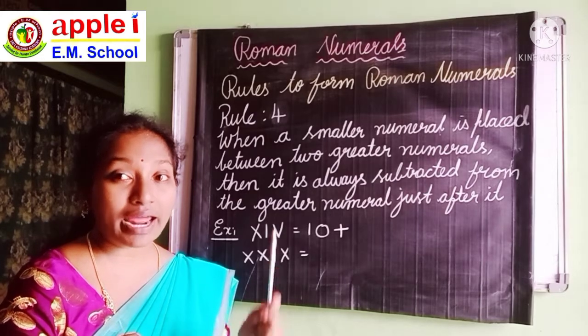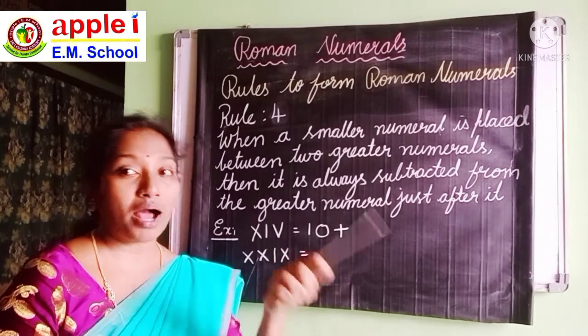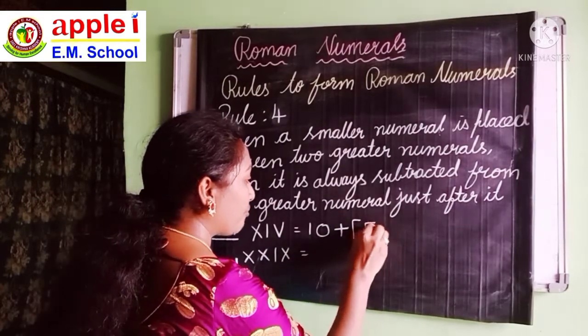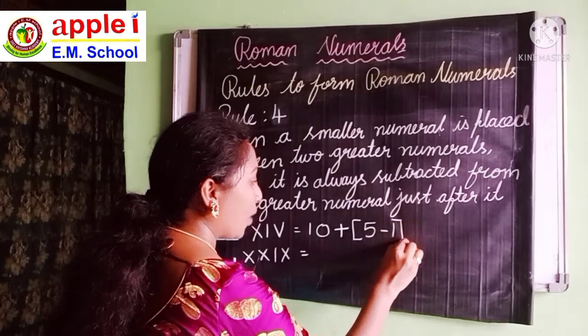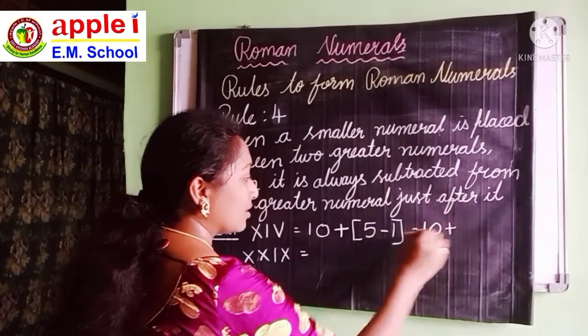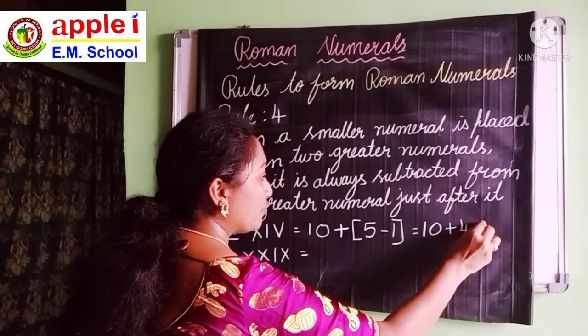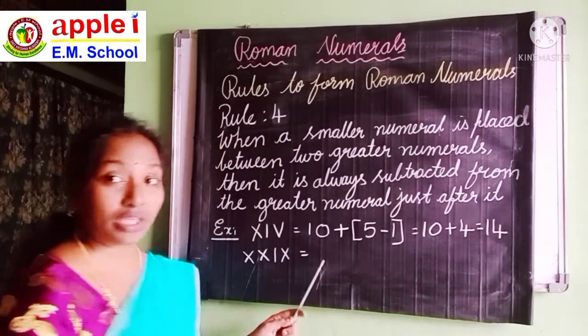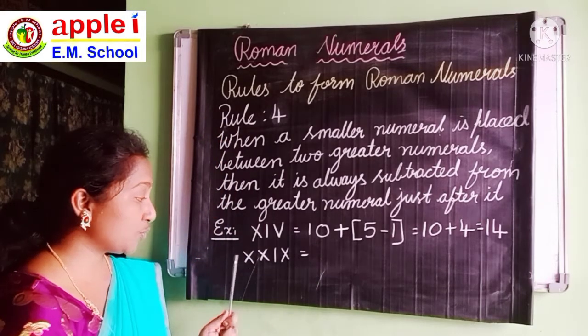How do we subtract? Big number minus small number. So 5 minus 1. So 10 plus 5 minus 1 is 4, so 10 plus 4 is 14. Understood? Let us do the next one.